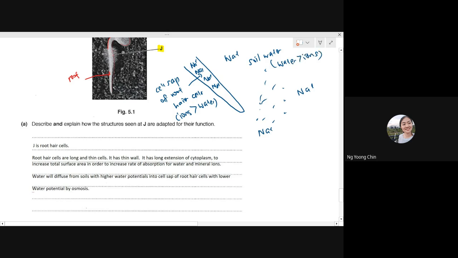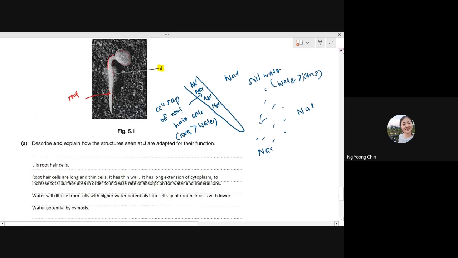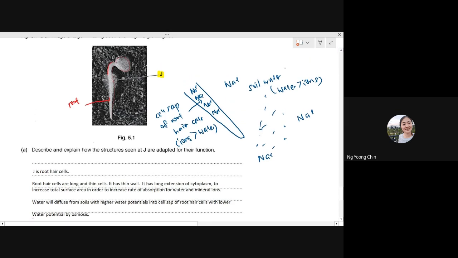So definitely, the soil water has a higher water potential, because it has more water content compared to ions. The cell sap of the root hair cell has a lower water potential. So definitely, the water will diffuse from the soil water, which has a higher water potential, into the cell sap of the root hair cell, which has a lower water potential. So this is how water moves, by osmosis.